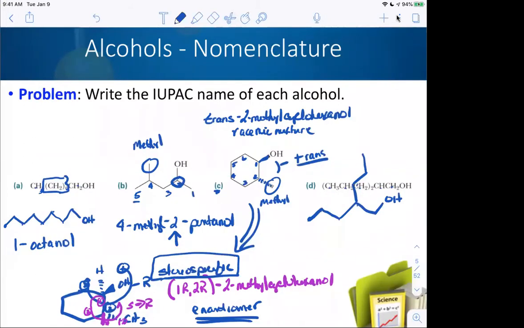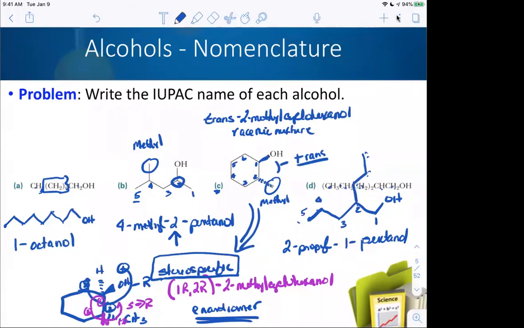I have 1, 2, 3, 4, 5, 6, 7, 8. Everything is right. So what this is going to be, I have a 2-propyl-1-pentanol as my final name.